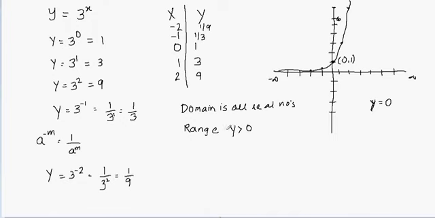And you can also think this way: no matter what value you plug in for x, suppose you plug in 25 or 50 or 17 or any value, you will never get 0, because 3 to the power anything will never be 0. The graph gets closer to 0, but it never touches 0.